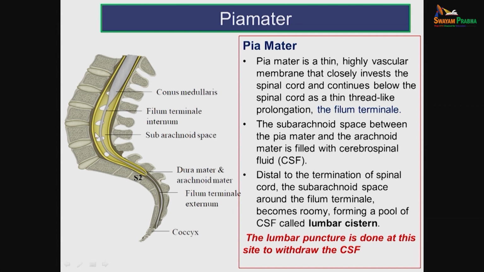As I mentioned earlier, you can see the subarachnoid space. This subarachnoid space is between the arachnoid mater and the pia mater, which is filled with cerebrospinal fluid.